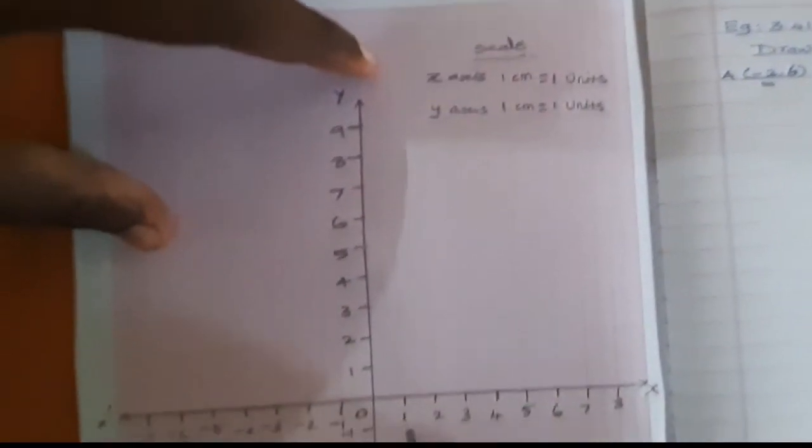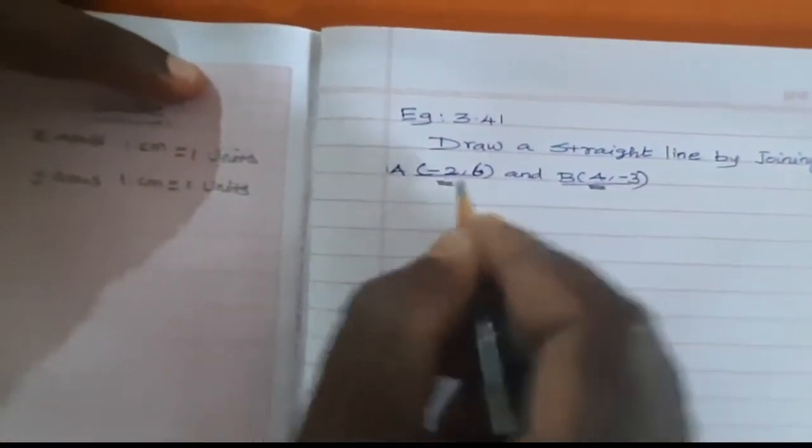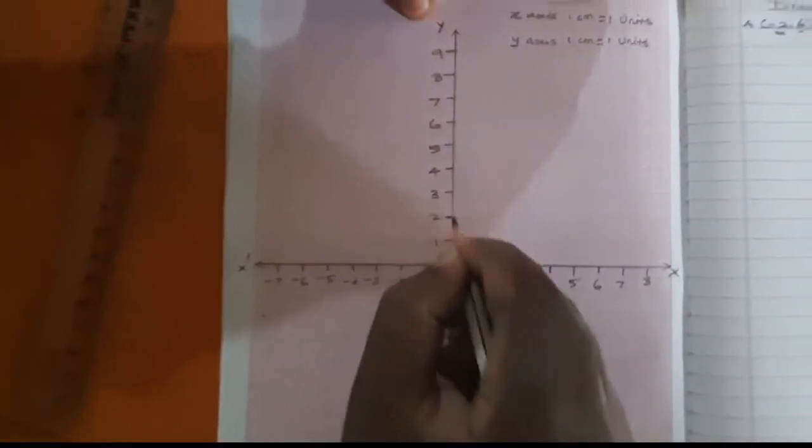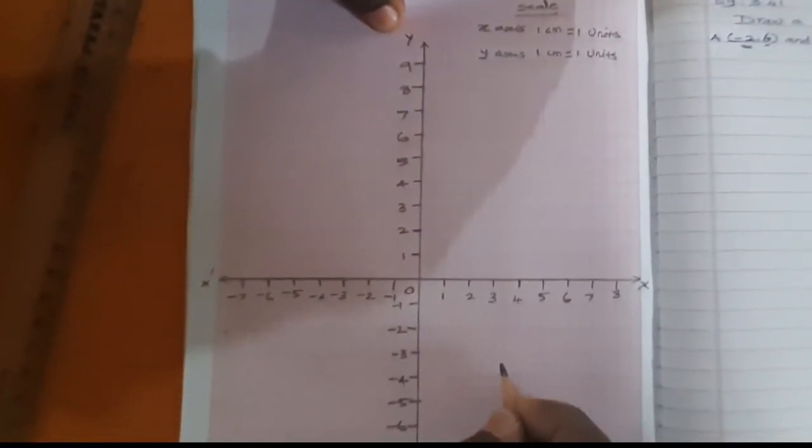The maximum number on the x-axis is 4, so taking 1 unit is enough, and similarly on the y-axis the maximum is 6, so 1 unit is enough. So on the x-axis 1 centimeter equals 1 unit, and similarly on the y-axis 1 centimeter equals 1 unit.